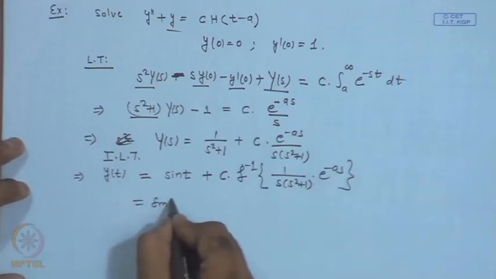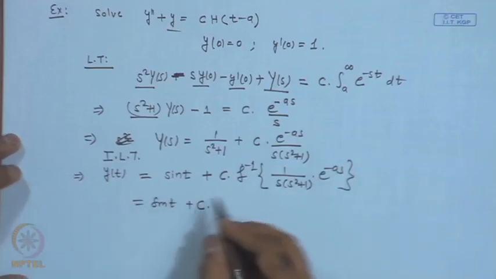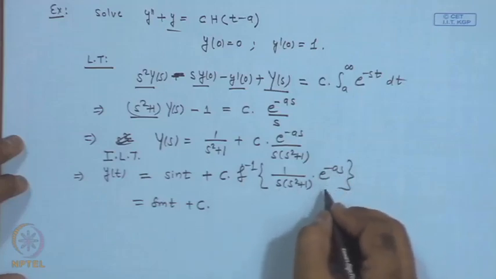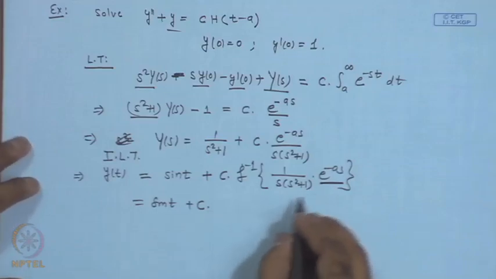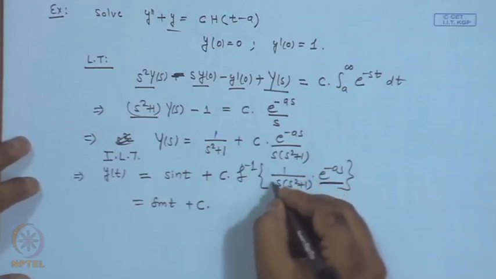Because e power minus a s is there, we will be using the second shifting theorem, having a shift in t. But first we need to know the Laplace inverse of this function.